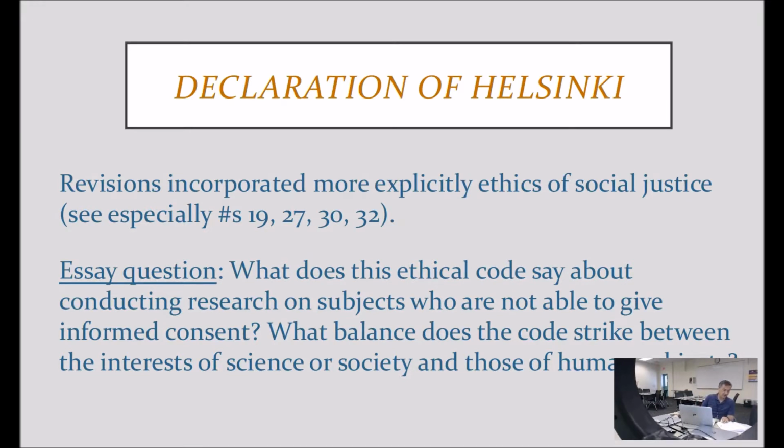Paragraph 5 tells you explicitly what the balance is between the interests of science or society and those of human subjects. It's very clear in paragraph 5 that the well-being of the human subject should take precedence over the interests of science and society. Okay, so that's the balance.